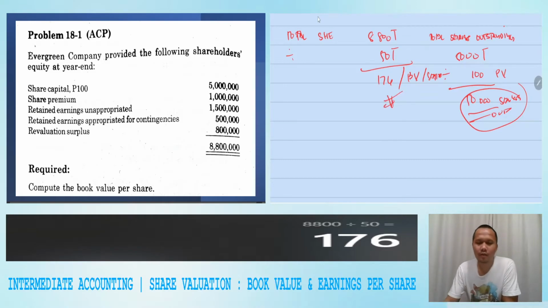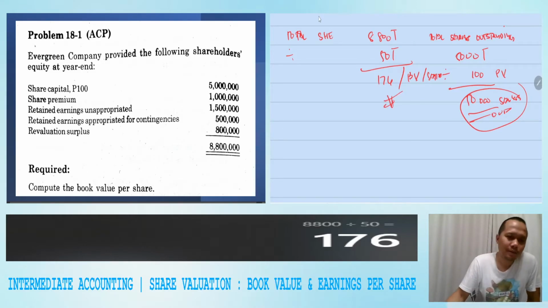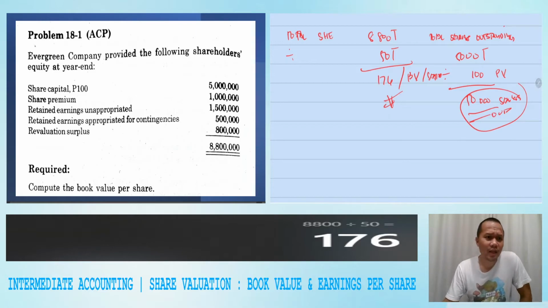Okay? Very basic. Medyo madali lang. So again, pag there is only one class of stocks.